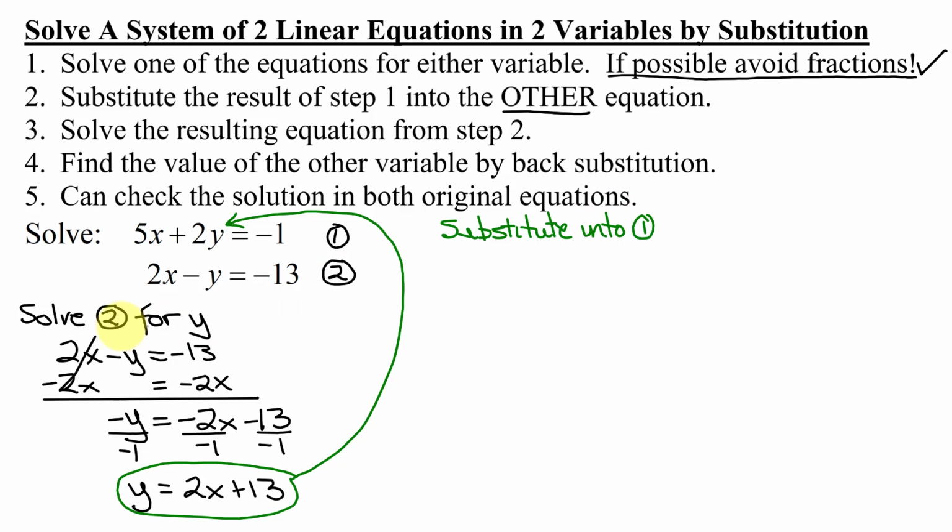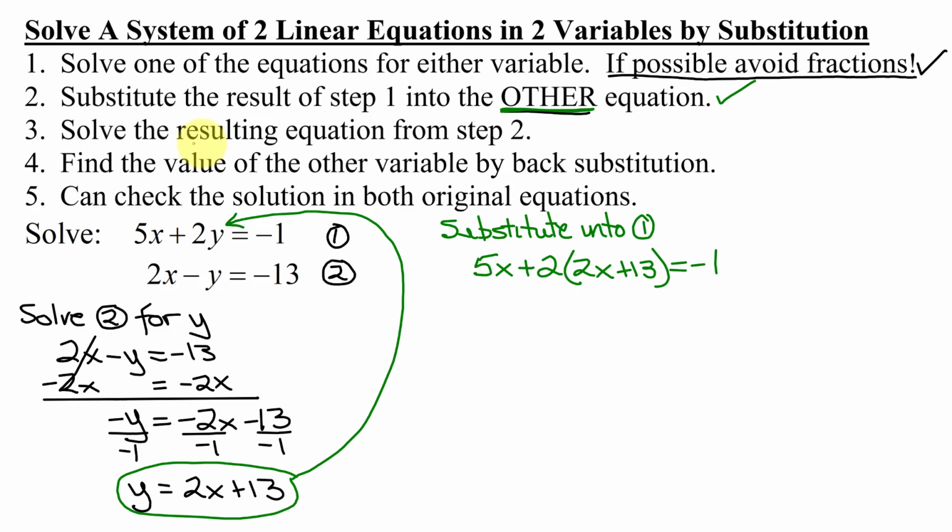Notice I used equation 2, now I'm using the other equation, equation 1. So I'm going to get 5x plus 2 times, instead of y, 2x plus 13 equals -1. So now I've completed step 2.